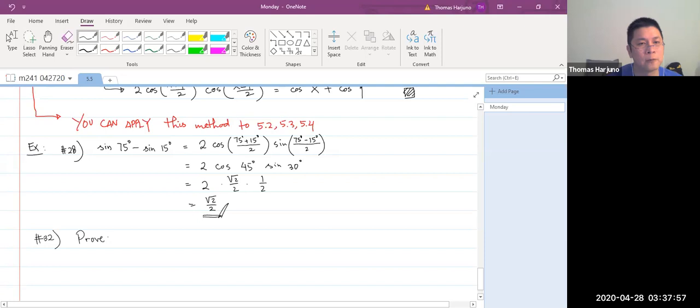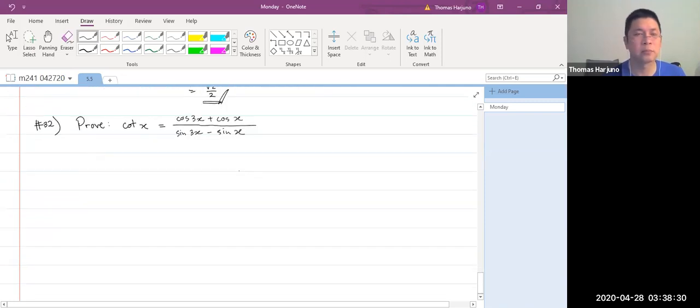Prove that cotangent x is equal to the sum of cosine 3x plus cosine x divided by the difference of sine 3x minus sine x. Now to prove it, we have formula for the right hand side. So I will prove from the right to left.